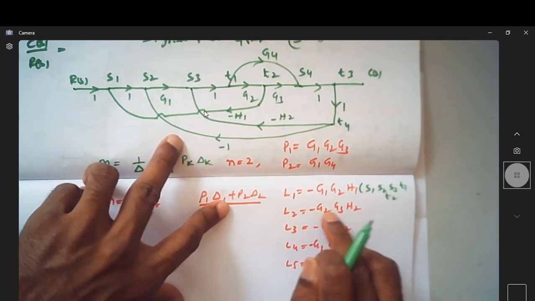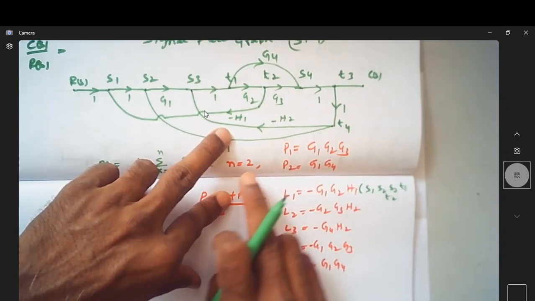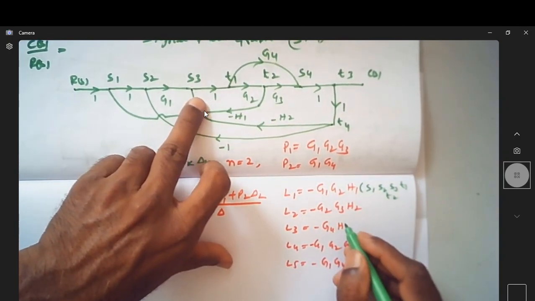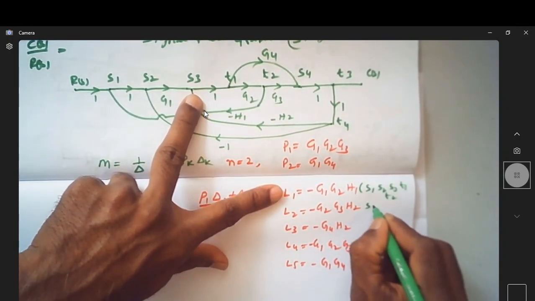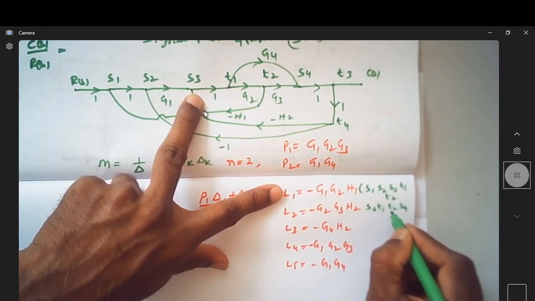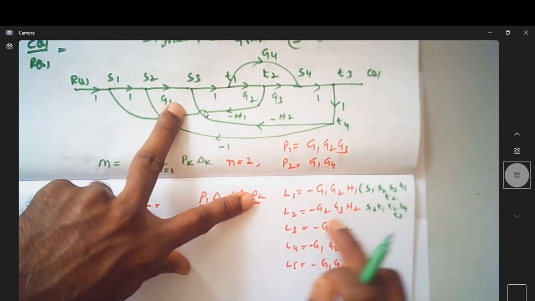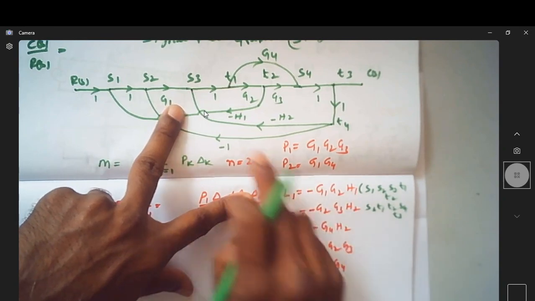And then G2, G3, H2, is it not? The nodes are S3, T1, T2, S4, T3. So it is G2, G3, H2.